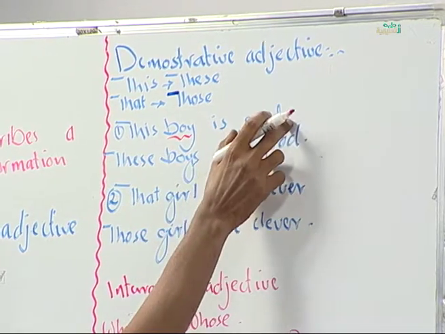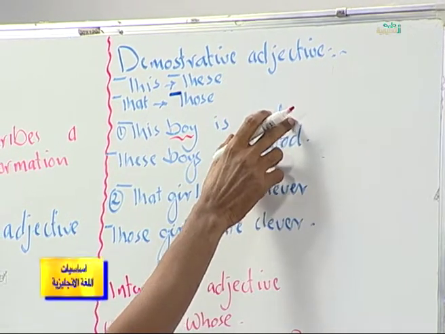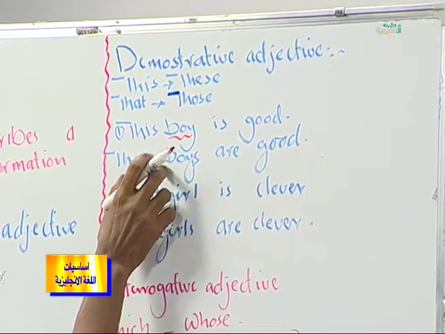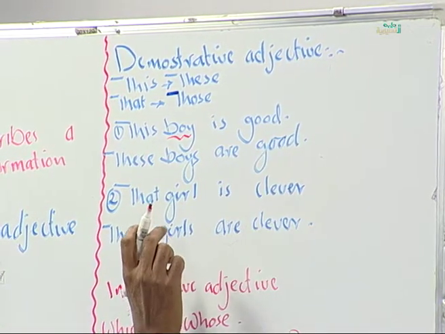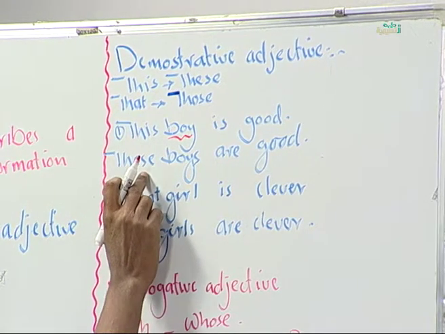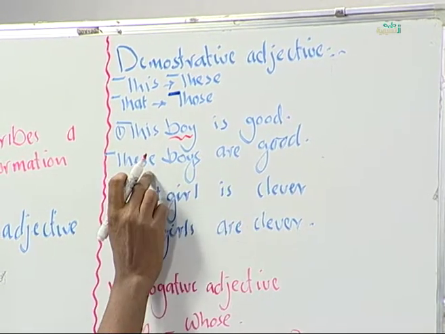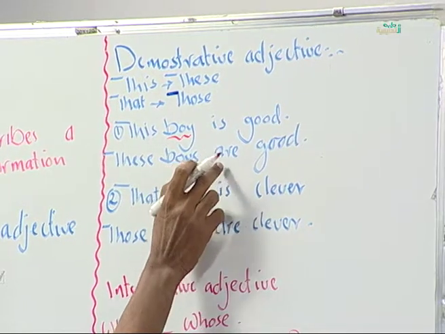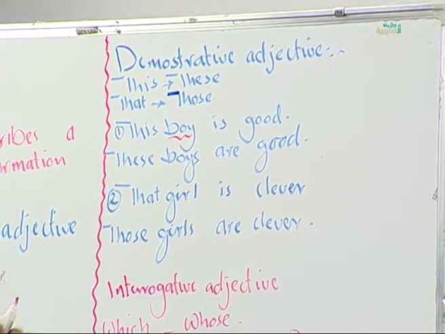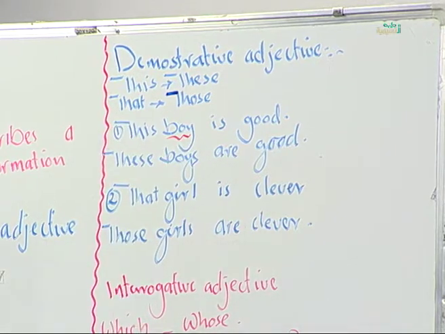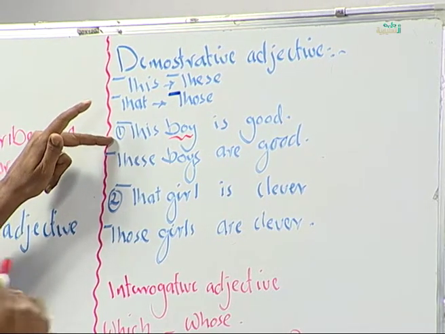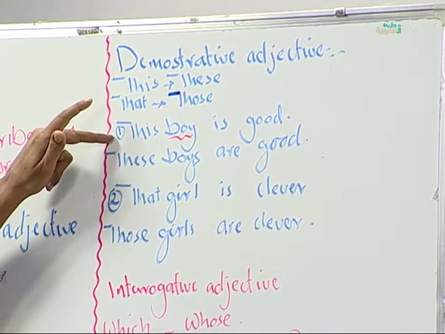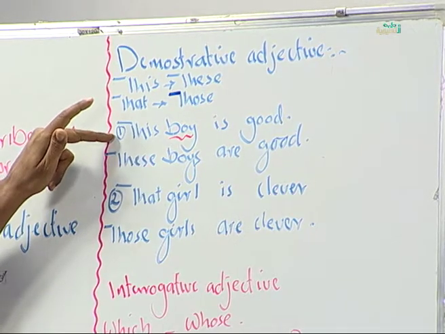Here, good, we are going to have in a coming lesson. These boys are good. It means we are talking about boys that exist, or in front of our eyes or near to us.